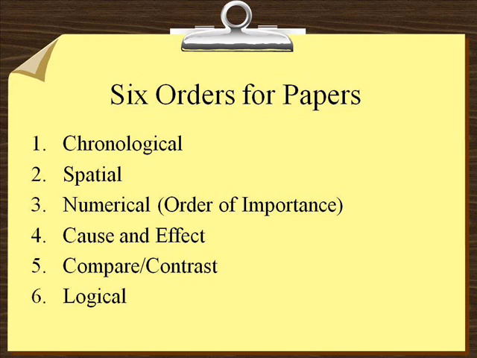If I talk about the different gold rushes, I could either move east to west or west to east. Might I even go south to north or north to south. The third one is numerical. It's order of importance or importance-based. You want to make sure that you do not confuse chronological with numerical.